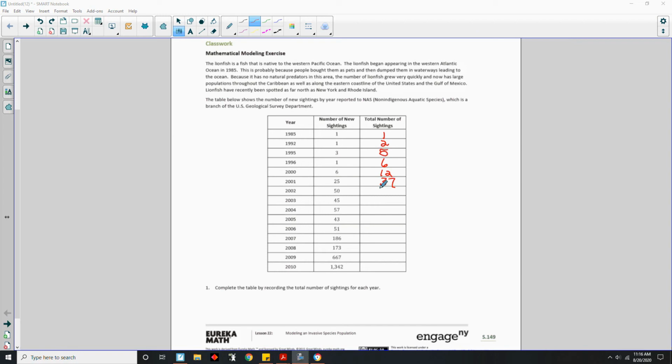Okay, so 37 plus 50 is 87, plus 45, 7 and 5 is 12, carry the 1, 9 and 4 is 13, 7 plus 2 is 9, 5 plus 3 is 8, so we're up to 189. 9 plus 3 is 12, carry the 1. 9 plus 4 is 13, carry the 1. We're up to 232.